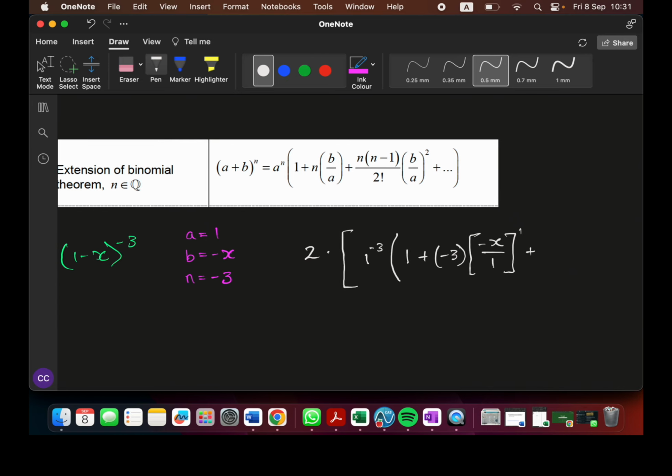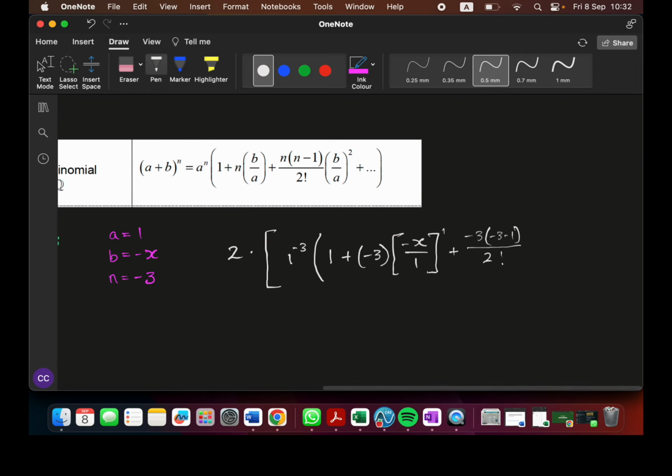plus, and then my n is negative 3 times negative 3 minus 1 all over 2 factorial. And then times my b, which is still negative x over 1, to the second power.